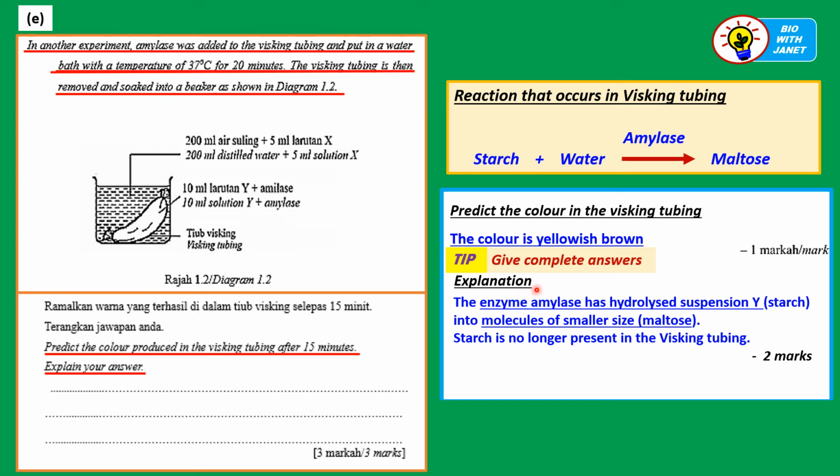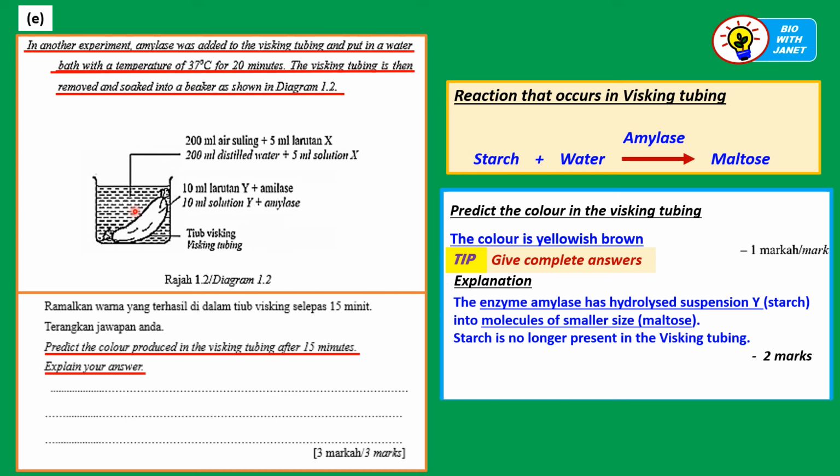Now, explanation. Why is it yellowish brown instead of dark blue? The enzyme amylase has already hydrolyzed suspension Y earlier, that is the starch, into molecules of smaller size, which is maltose. That means the starch is no longer present when we immerse the Visking tubing in the iodine solution.